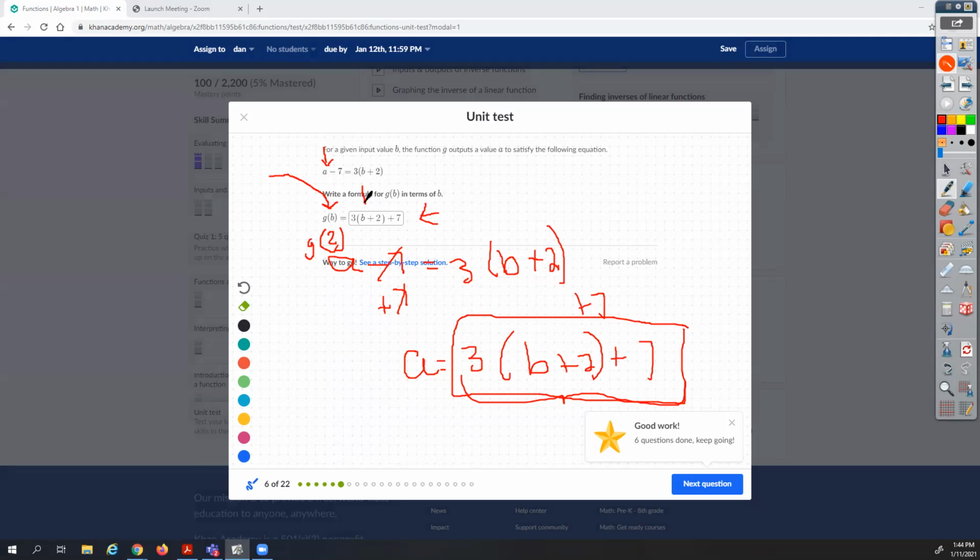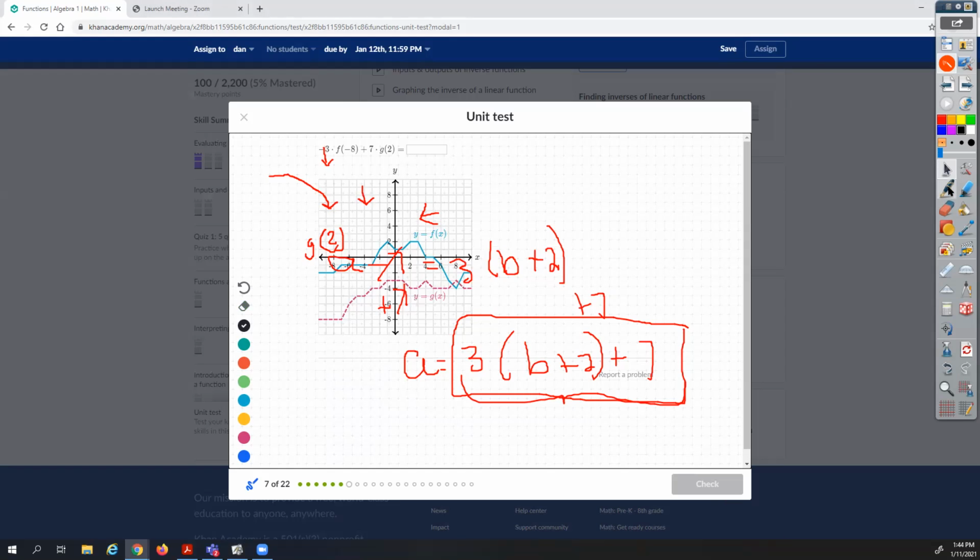Do I have a b here, yes or no? Yes. The other one that I solved for b, I didn't have a b, I had an a in the equation, so that wasn't going to work for me. I needed to make sure that the b is in there so I could substitute it back into the equation. So that's the difference. I had to work both of them, I had to see it, and then I had to adjust it again.